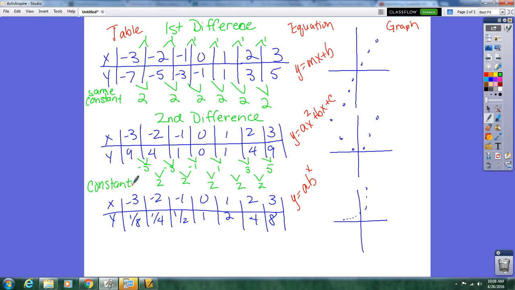Now, the exponential is a little bit different. It's not based on the first difference or the second difference, but you do look at the differences and see if they're going up really quick, increasing at a fast rate, or decreasing at a fast rate. If you go through and subtract these numbers, something happens.